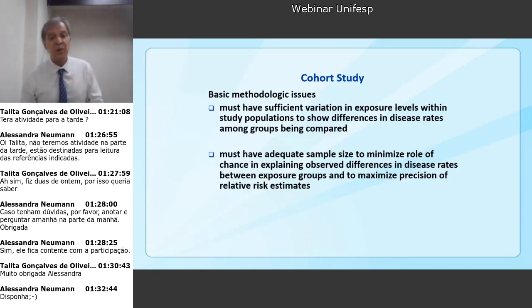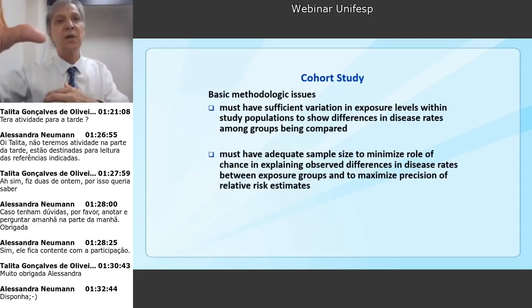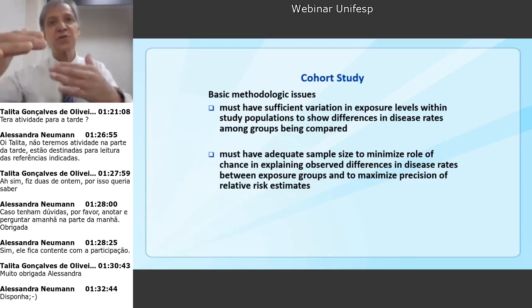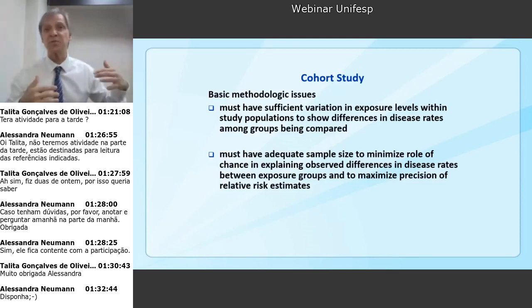You need to have adequate sample size, and therefore, if you do a contrast between ADL, the 10 versus those from 0 to 4 only in your cohort, and then you do highly active, very, very inactive, you may have very few people in these 4 subgroups. And therefore, you don't have power in your analysis.